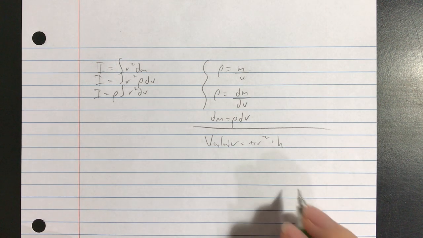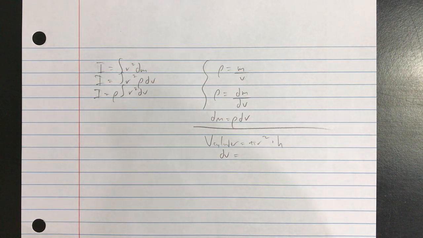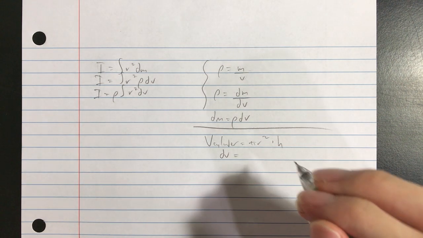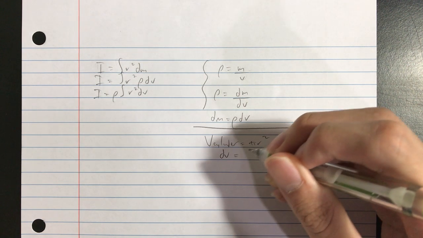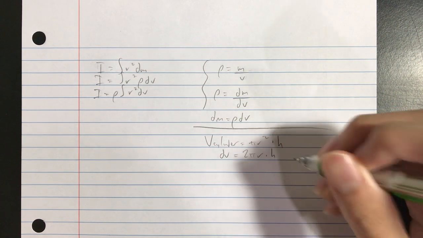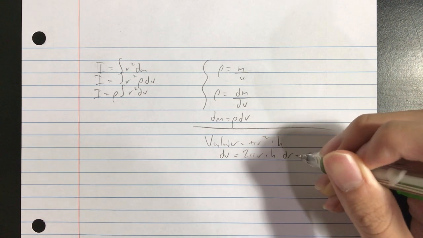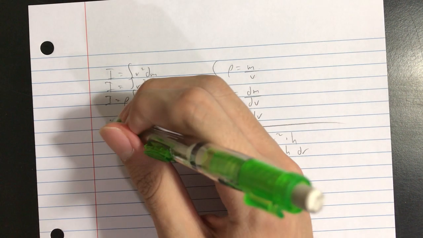And if we take the derivative of both sides, we get dV, the change in volume, equals 2πr times h times dr. And we can just plop that right in too.